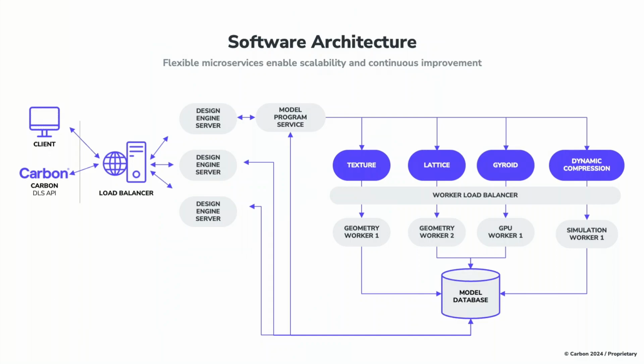It dissects these into individual operations and then estimates roughly how much time each operation needs, how much memory it needs, and any specific hardware such as a GPU, and then that gets sent to a worker load balancer that sends these individual operations to our AWS clusters where the jobs are actually run. And then we store everything in a model database and cache all of the results as well as the inputs to the results, such that we never run the same operation more than once, as long as the inputs are exactly the same.